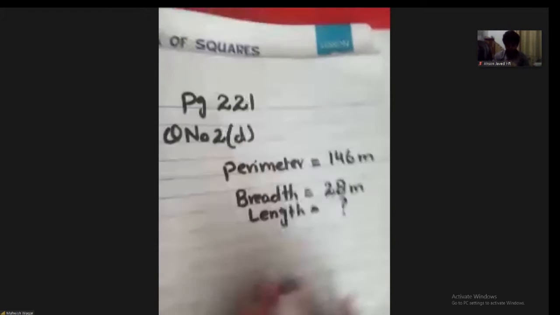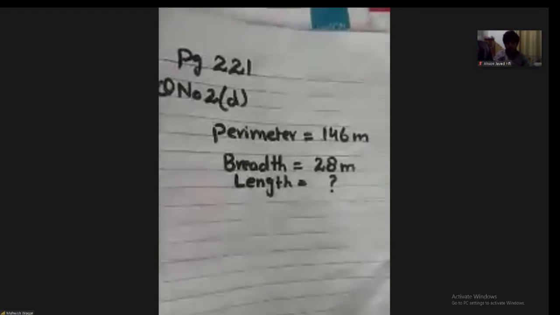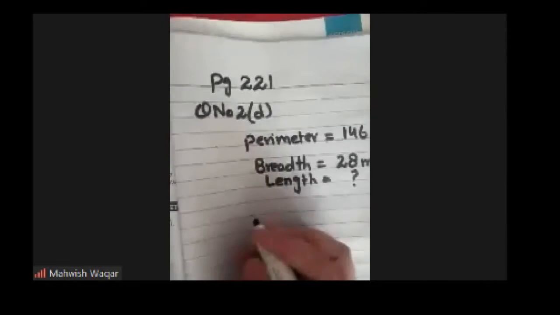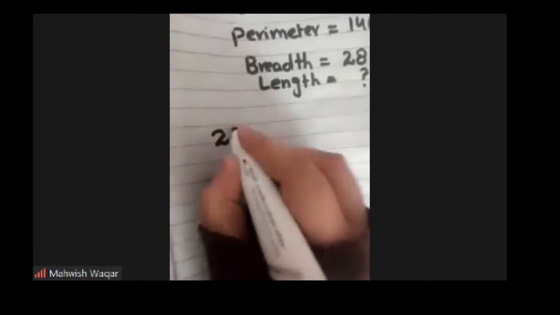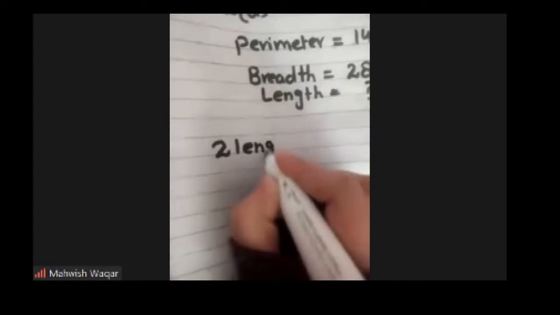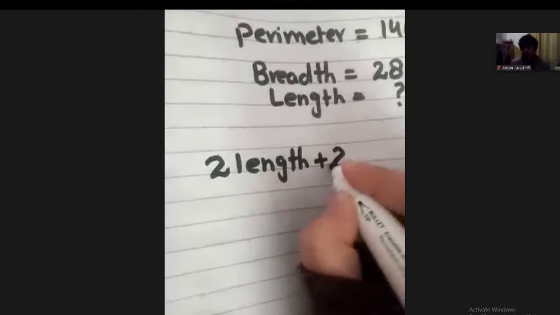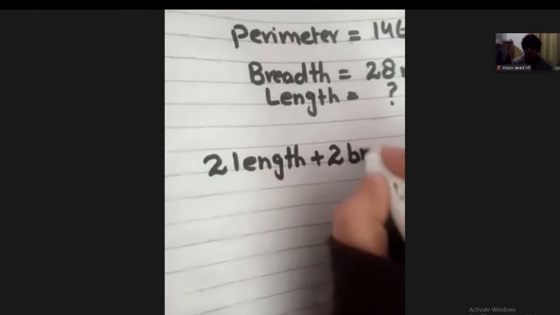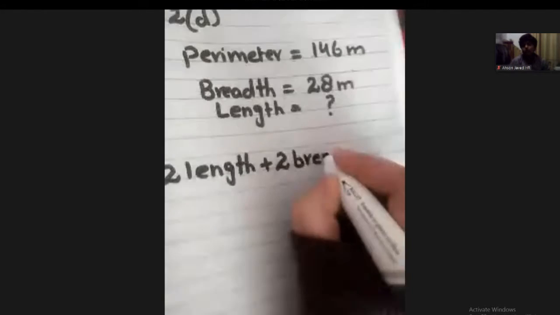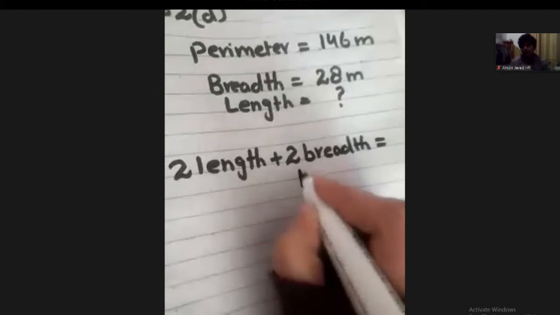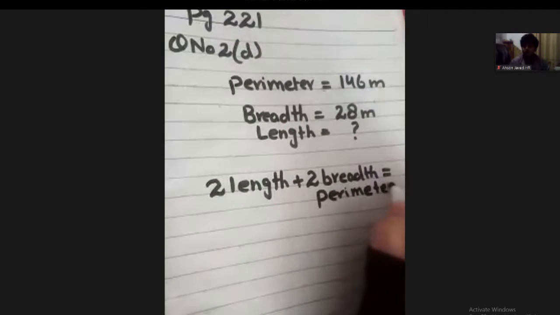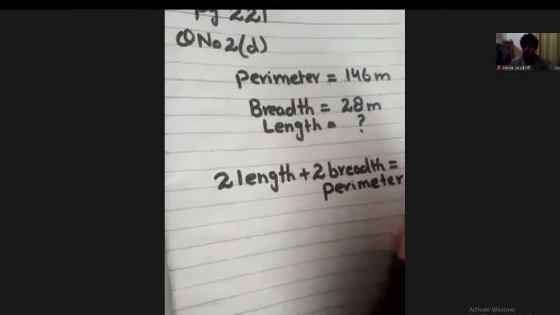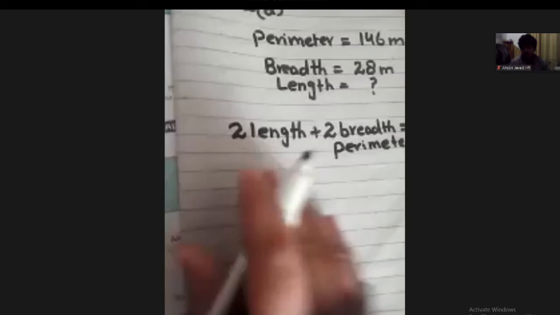Now, what is the first thing, grade 4, we have to do? Perimeter is equals to, keep the thing in your mind, 2 times length plus 2 times breadth is equals to perimeter.